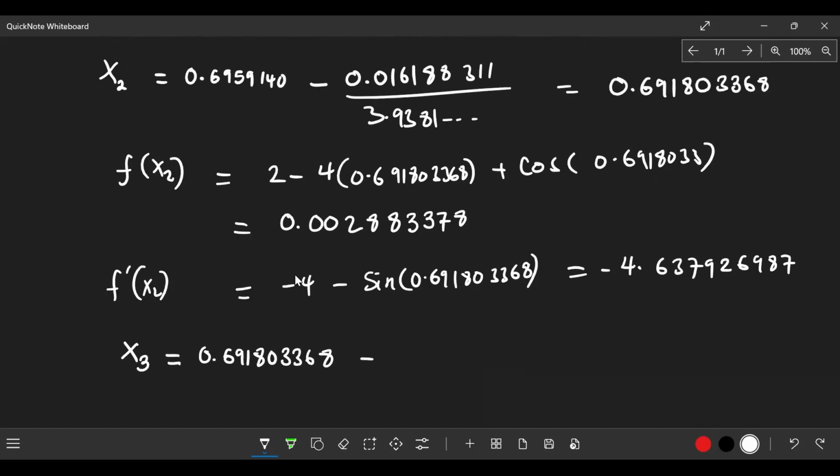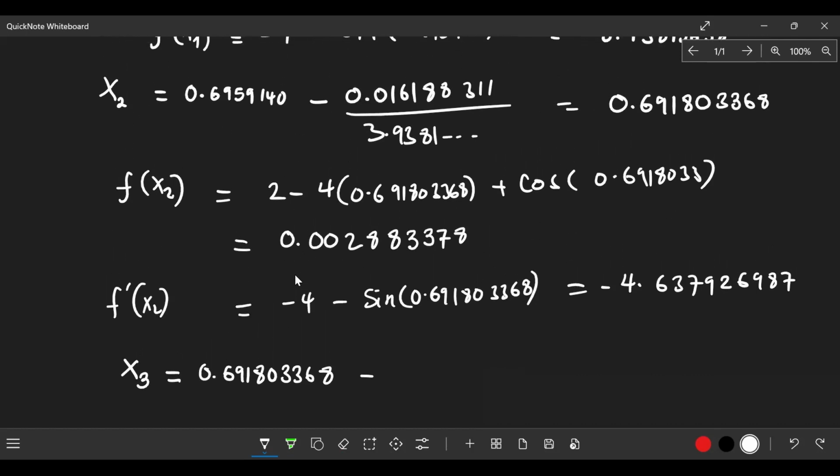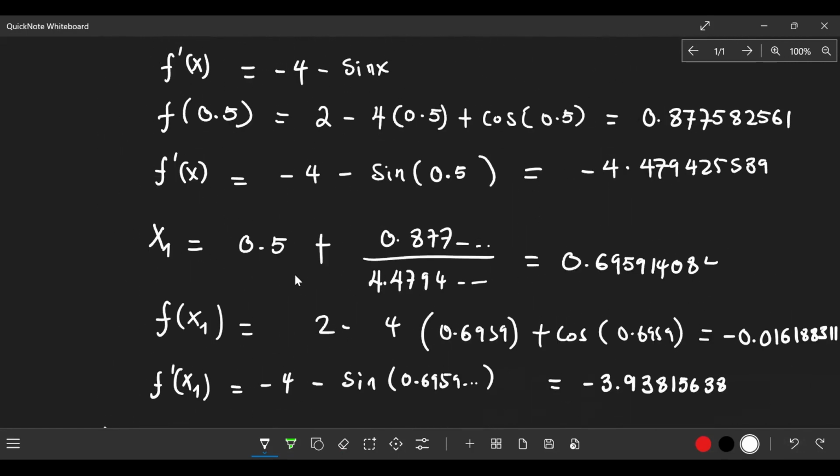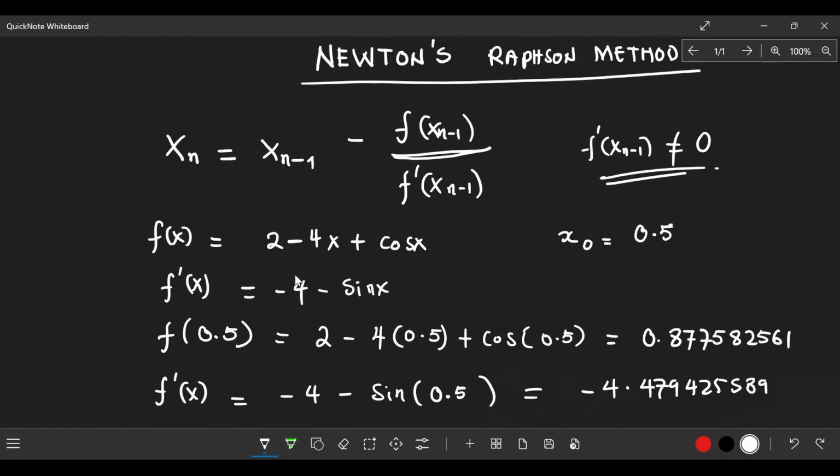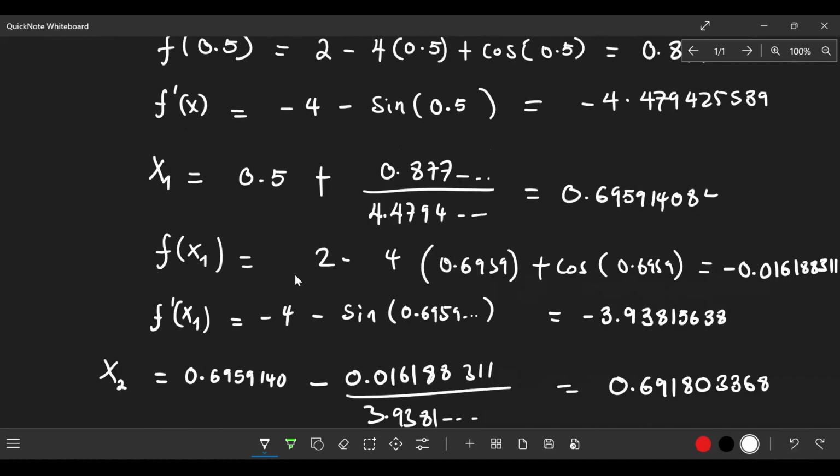Now if you notice, this f of x is positive and the derivative is negative. So negative and this negative here, the overall will be positive, right? So I can just put that positive there.